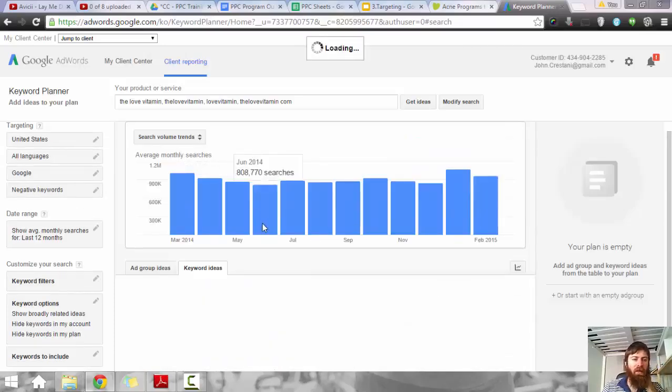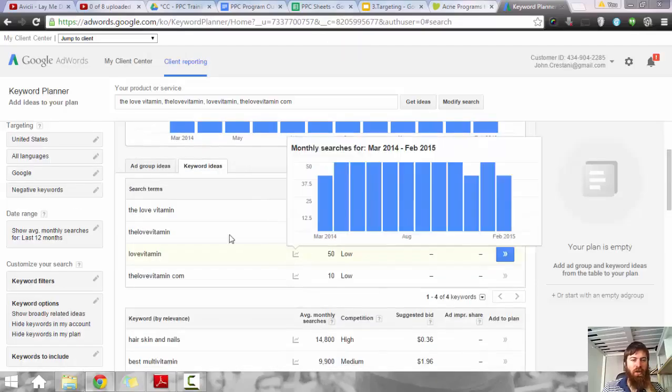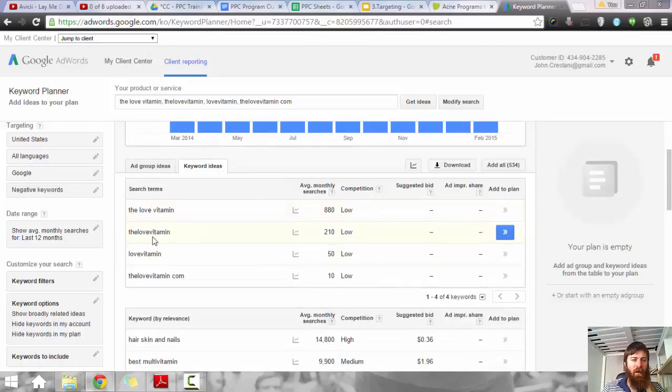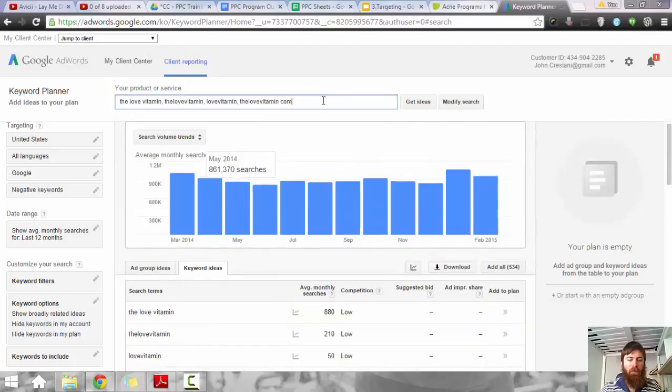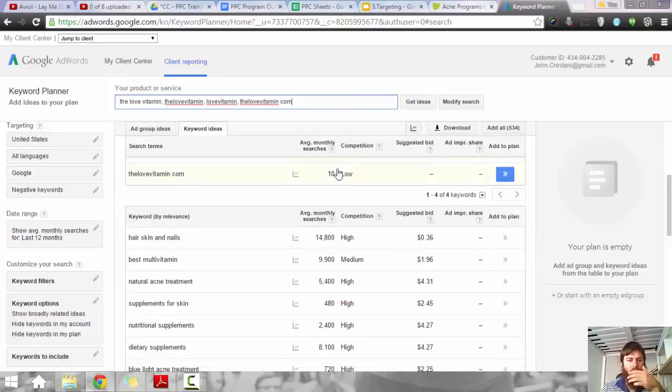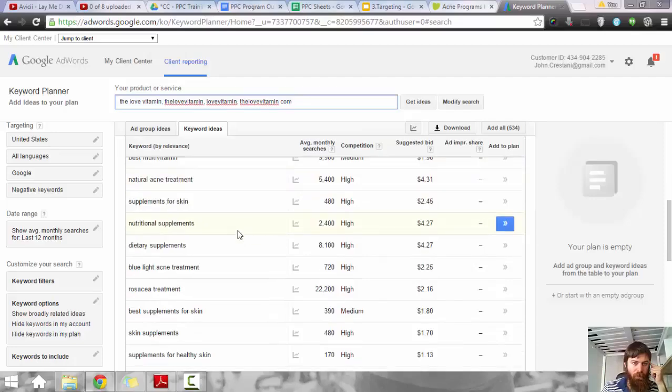We look at keyword ideas. Remember, we go to this tab in here, may change, but we're seeing love vitamin, lovevitamin.com. First let's see if we have any keywords here.